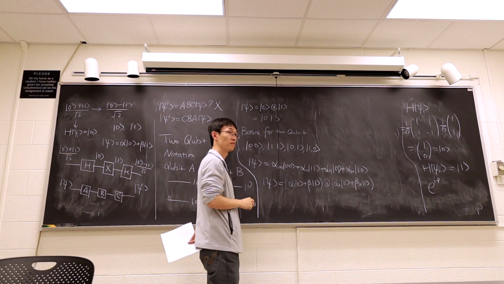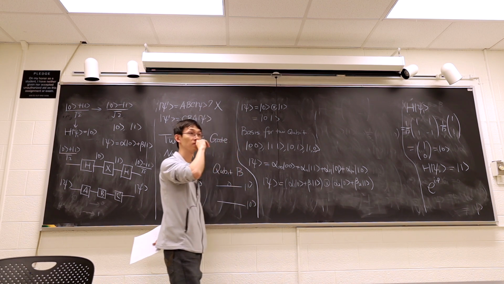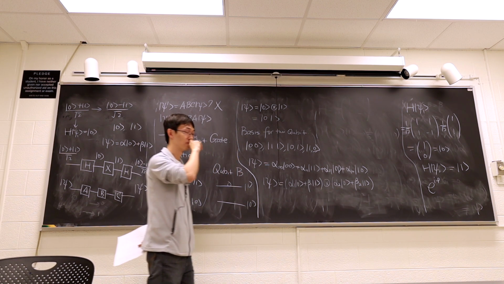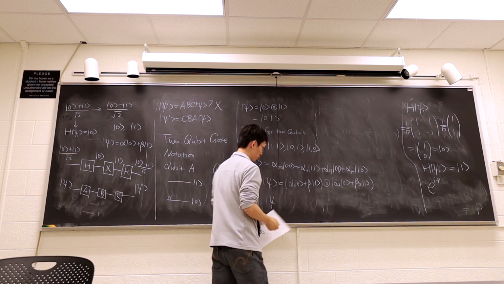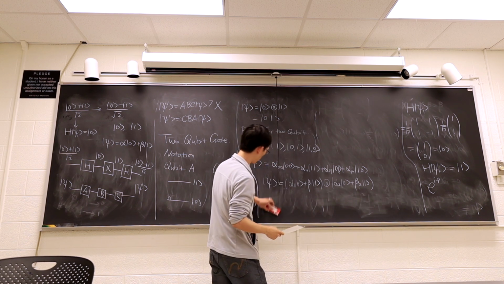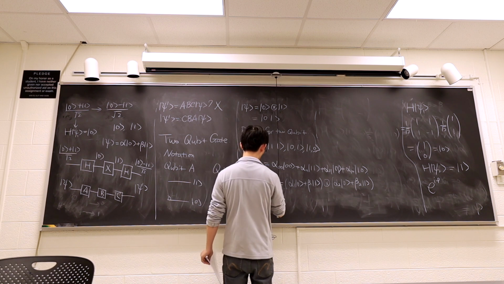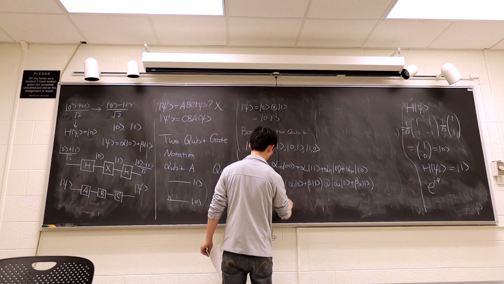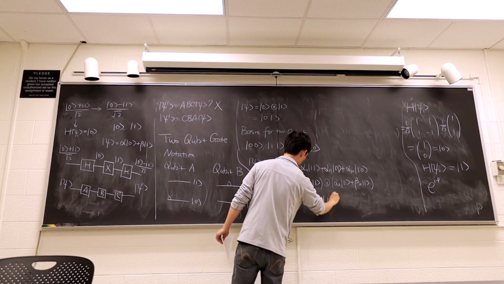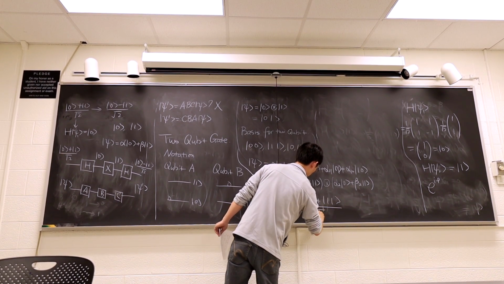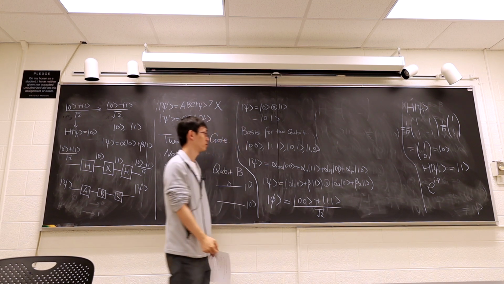But if you combine the 0 and 1 terms in that way, there's a special type of state. For example, |00> plus |11>. Okay, this state.